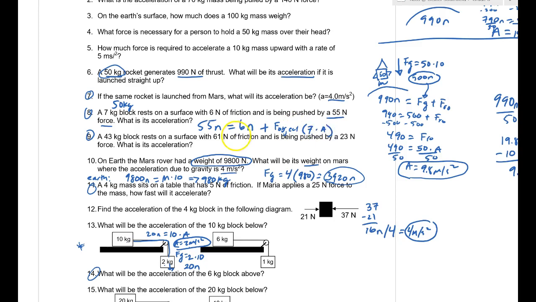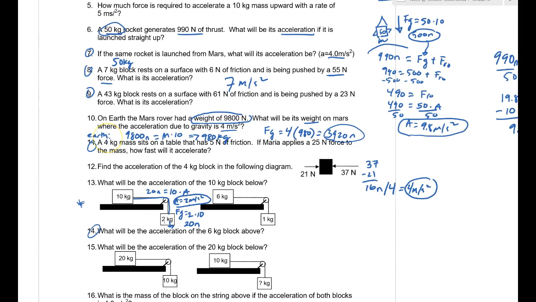So this is just to show you that we here subtracted 6, we got 49 equals 7 times a, right? Because that's gone, and this is that same answer, right? Just showing you how that system works. So the answer there, 7 meters per second squared.